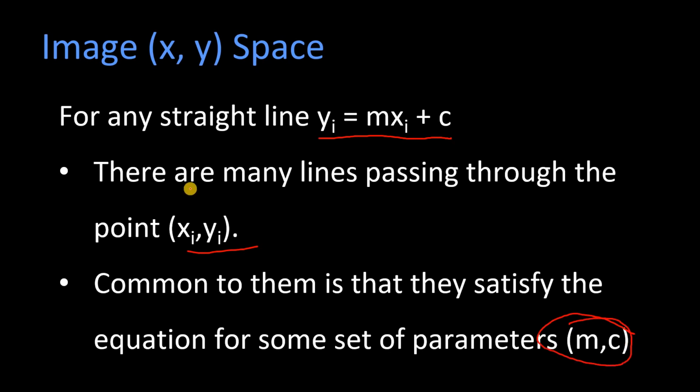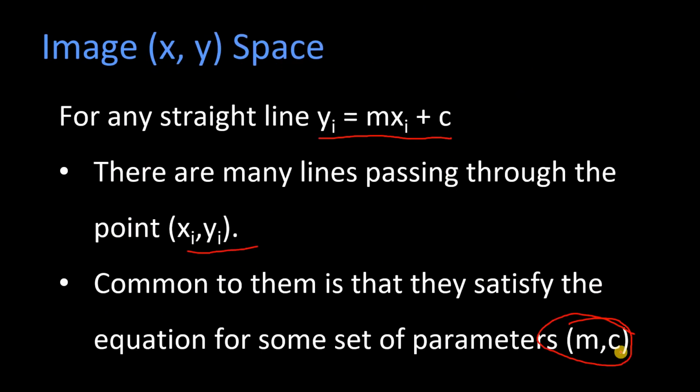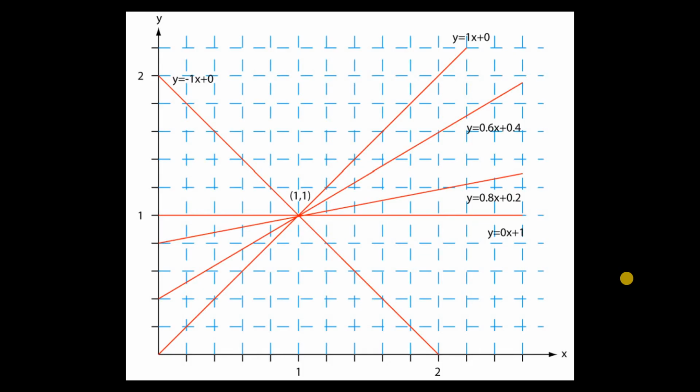So this is the opposite case they are explaining. For any point in the image space, you will have an infinite number of lines that can satisfy this point. So that's what is shown over here. Common to all those lines that are passing through a point xy is that they all satisfy the equation with parameters m and c that occur on a straight line.